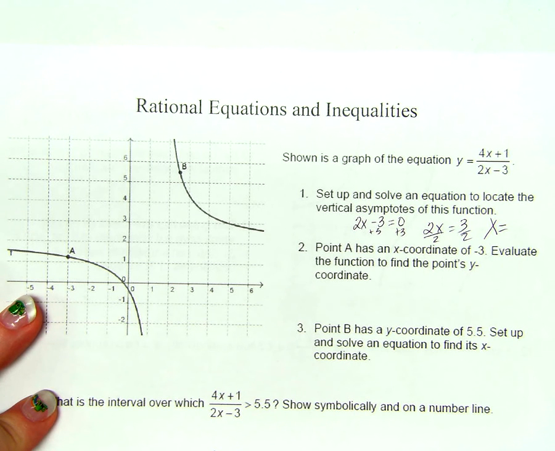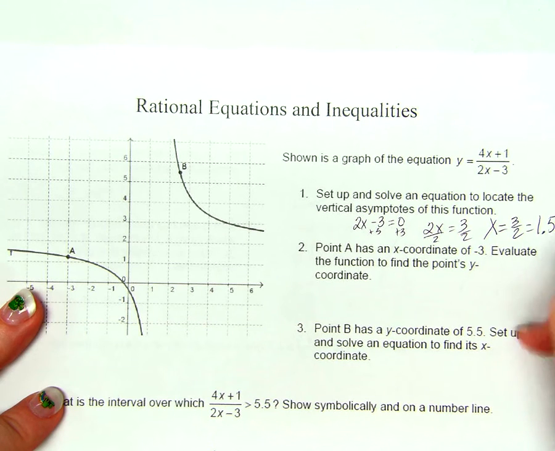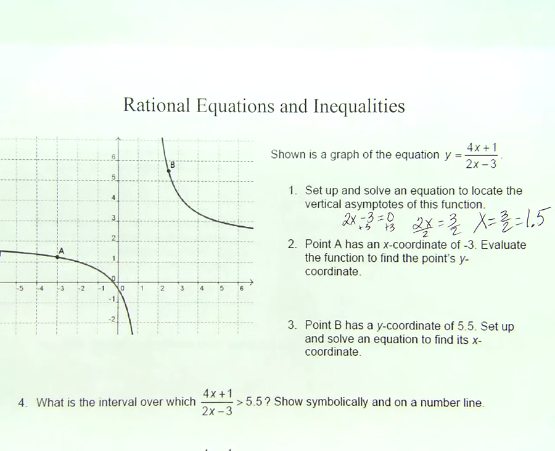3/2? Does that help me graph anything, or do I need to go to the decimal? 1.5 makes more sense to me on a graph, doesn't it? Remember yesterday I told you that whether I want a decimal or a fraction depends on the situation? Does this make more sense knowing this situation? Good.